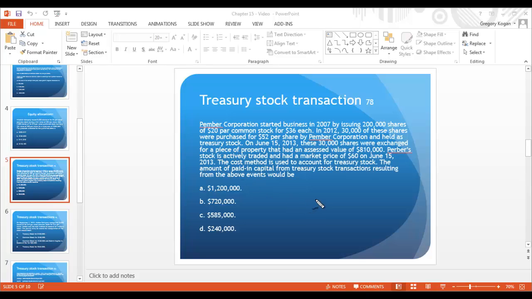On June 15, 2013, these 30,000 shares were exchanged for a piece of property that had an assessed value of 810,000. Pembroke's stock traded actively and had a market price of $60 on June 15th, and the cost method is used to account for treasury stock. The amount of paid-in capital from treasury stock transactions resulting from the above events should be.